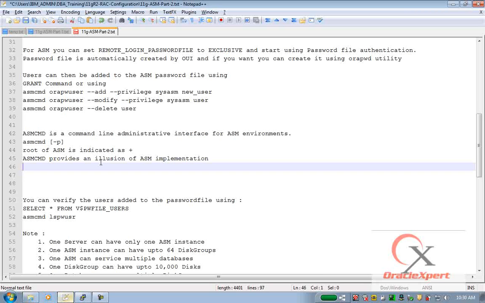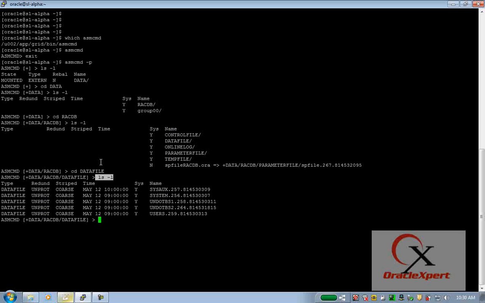This is all an illusion. It's like a Maya Jal. It's just an illusionary depiction of how ASM is implemented. Ultimately, I am talking all about the metadata which is stored in the disk header, made in a more presentable way using the ASMCMD command prompt.